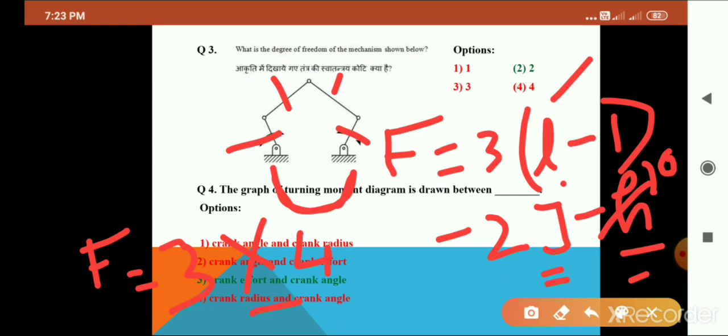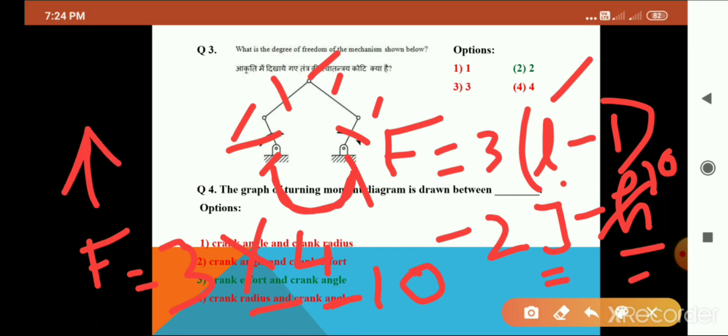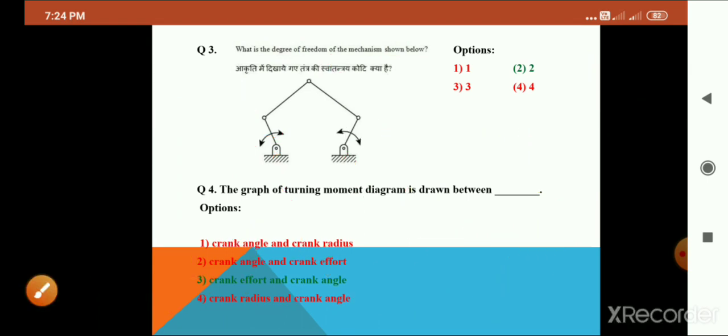The number of joints is 1, 2, 3, 4, and 5 joints. So the number of joints is 5, and 2 into 5 equals 10. So ultimately we will find the value of F equals 2. 12 minus 10 is 2. So option 2 is correct.